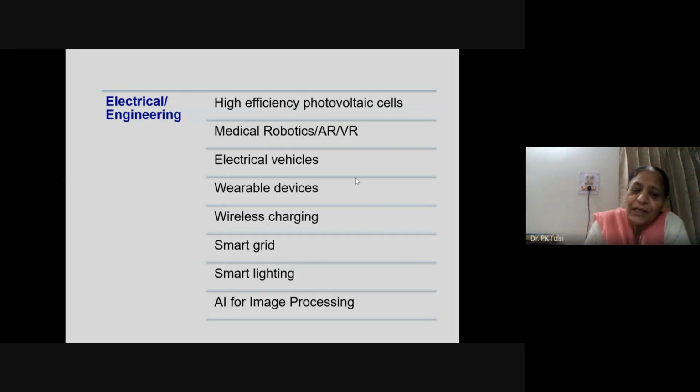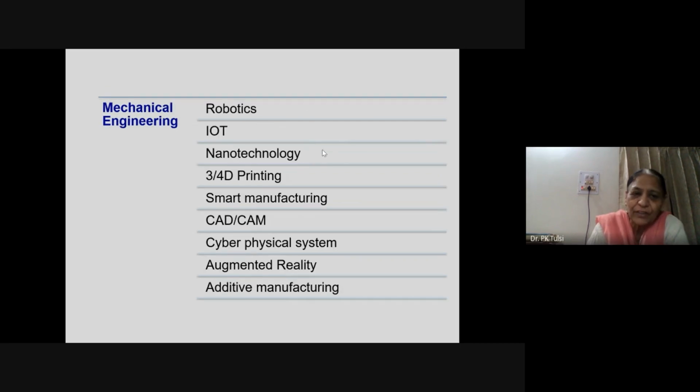Then artificial intelligence for image processing. We have seen during COVID that there have been many applications of AI and medical robotics, augmented reality, virtual reality. We have seen the applications of this.